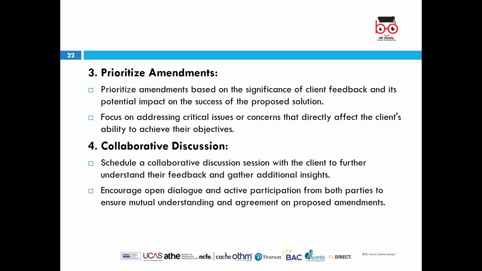Also, once we have gathered the feedback, we have to prioritize amendments based on the significance of our client feedback and its potential impact on the success of the proposed solution. So we also have to look into a collaborative discussion, where we schedule a collaborative discussion session with our client to further understand the feedback and gather even more additional insights.